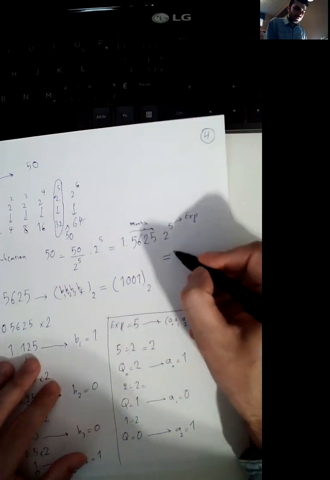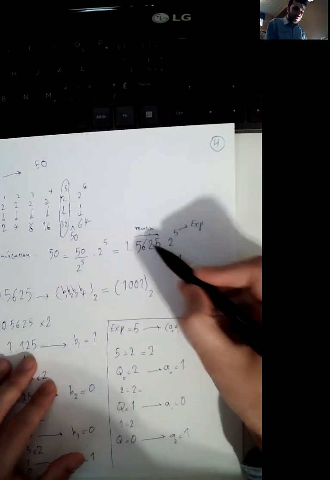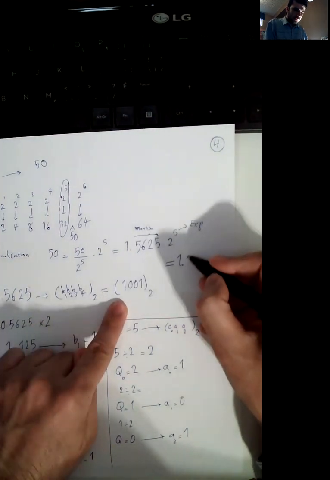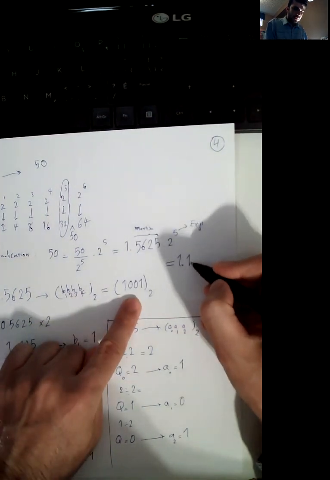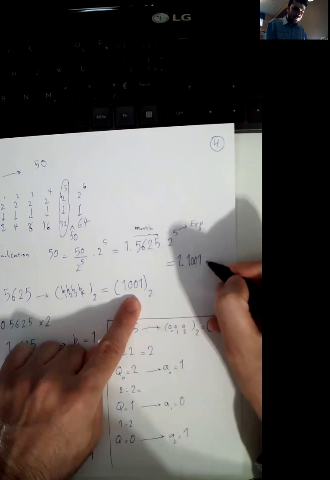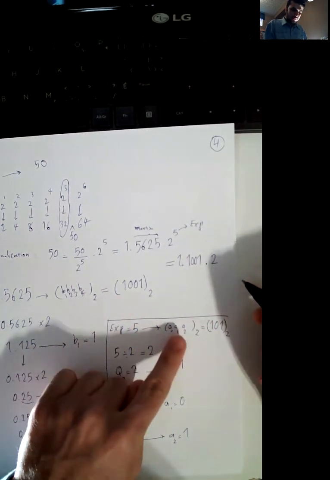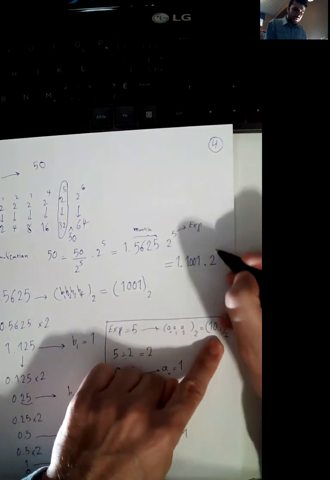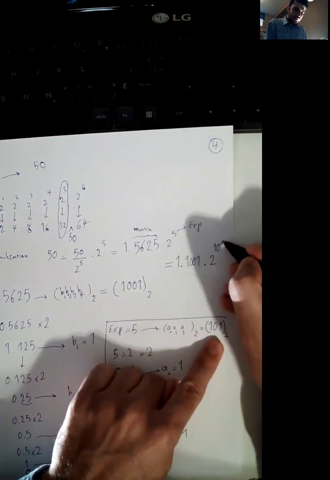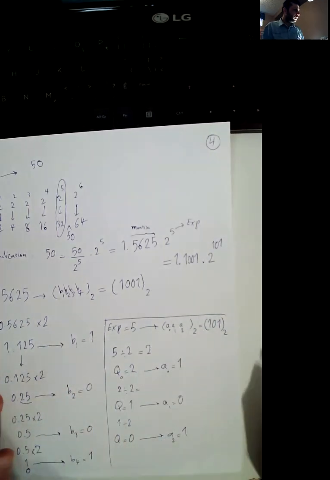Okay, so back to here. The mantissa is 1.1001 and 2 to the power of 5. 5 in binary is 101.